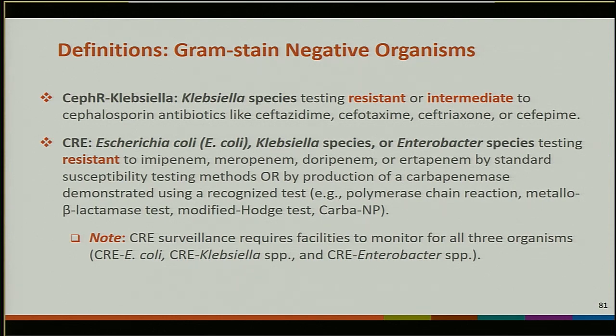For CRE, you're looking for E. coli, Klebsiella species, or Enterobacter species testing resistant to imipenem, meropenem, doripenem, or ertapenem. So again, when you select CRE surveillance, you're agreeing to perform surveillance for all 3, for E. coli, Kleb, and Enterobacter. So if you see any of those meeting the definition, then you would report that for CRE.